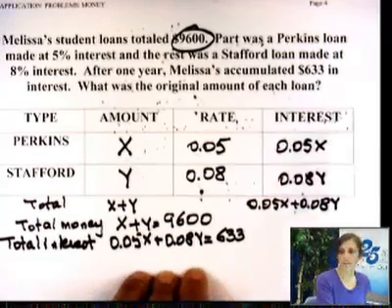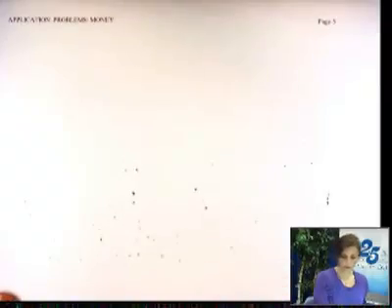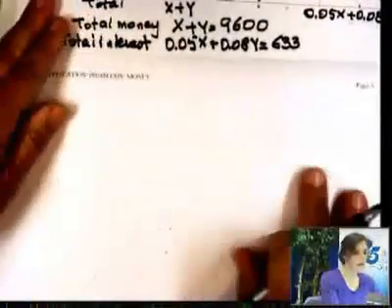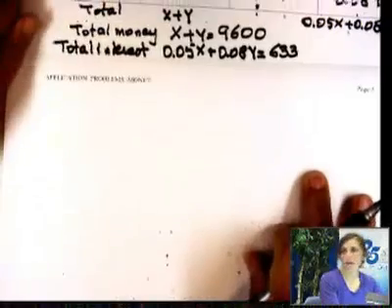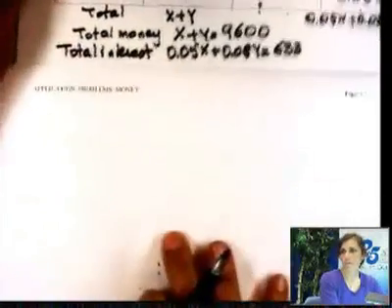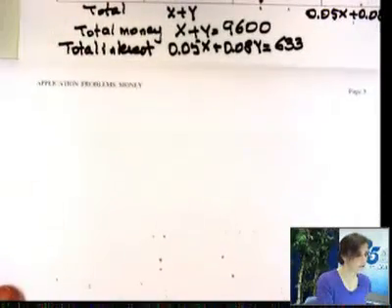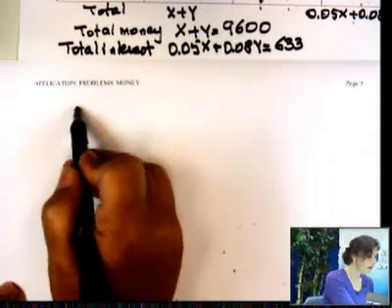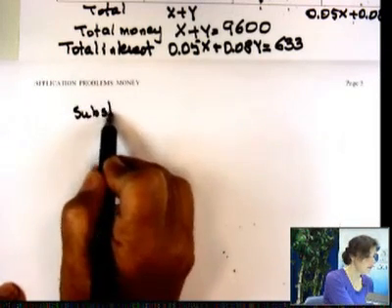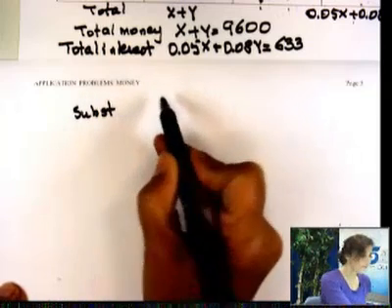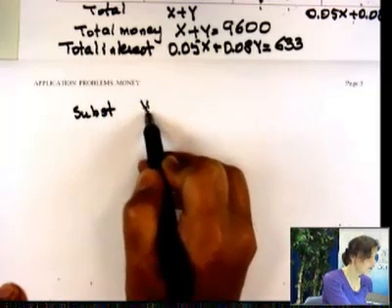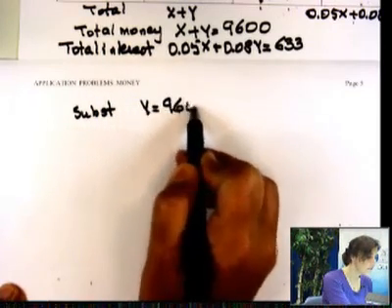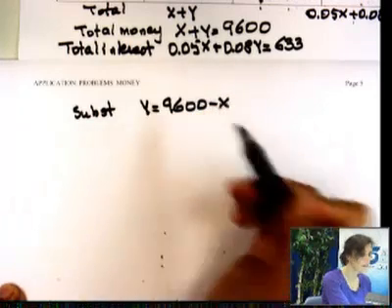Now let's go to the next page and solve this. Let me put it up here so I don't have to rewrite. Here we go. First equation, second equation. I'm going to use substitution. So let's write down y equals 9,600 from the first equation minus x.